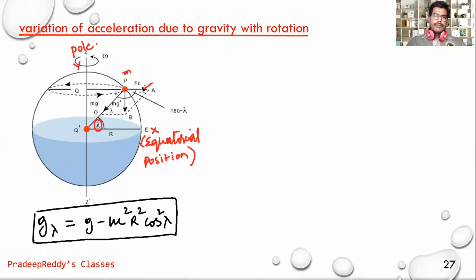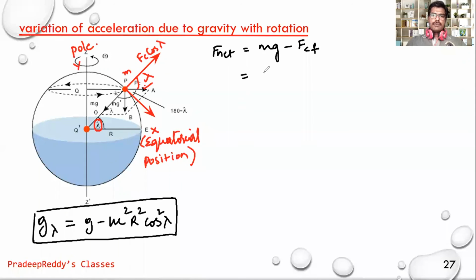I'll make it simple. So this is the centrifugal force. I'll resolve this into components: one component along this direction, one component along this direction, and this is angle lambda. This becomes Fc into cos lambda. So F net, I can write as gravitational force mg minus the component of centrifugal force.